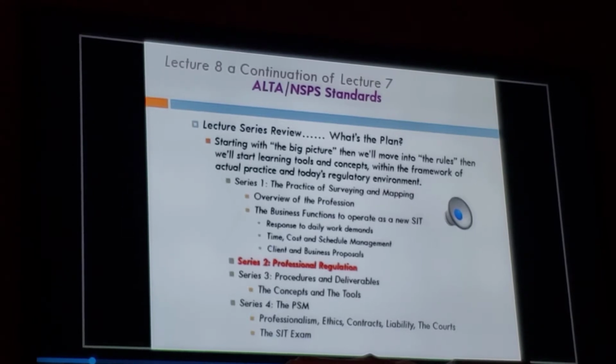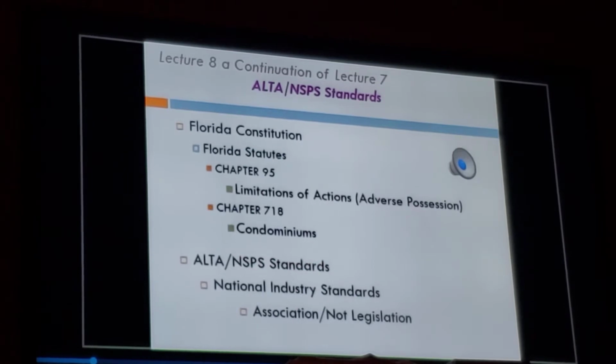Today we continue with professional regulation. Again, in our last lecture, we discussed Chapter 718. We talked about Chapter 95, adverse possession. Today, our focus will be on these American Land Title Association, NSPS standards, and national industry standards.